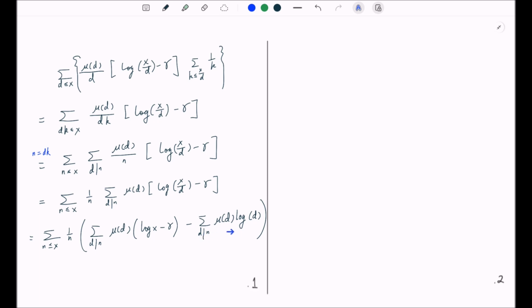Now, this guy, by theorem 298, is equal to, here I have to make sure to include this negative sign, together with the negative sign, lambda of n. So now let's take the summation. You see this part is the sum of lambda of n divided by n for n less than equal to x.